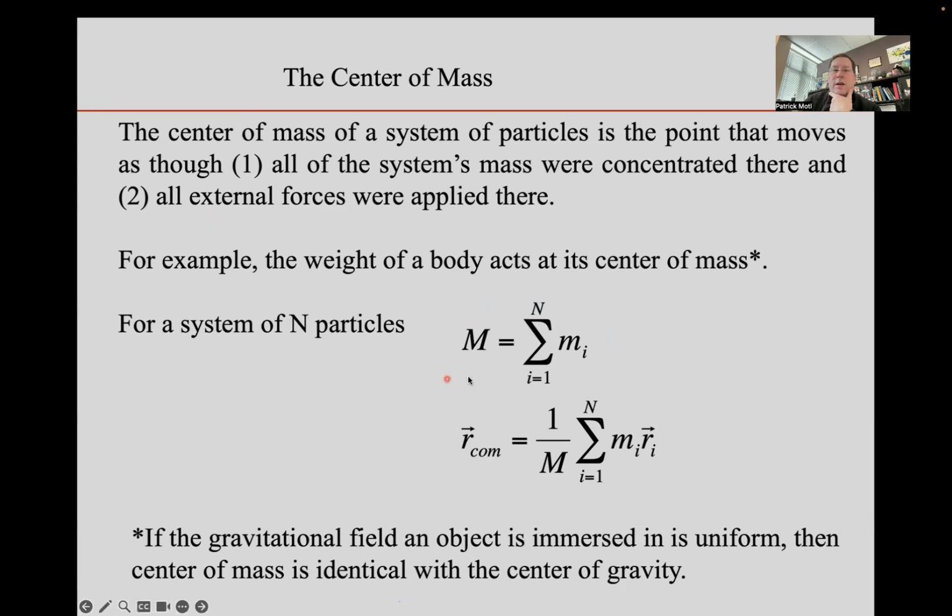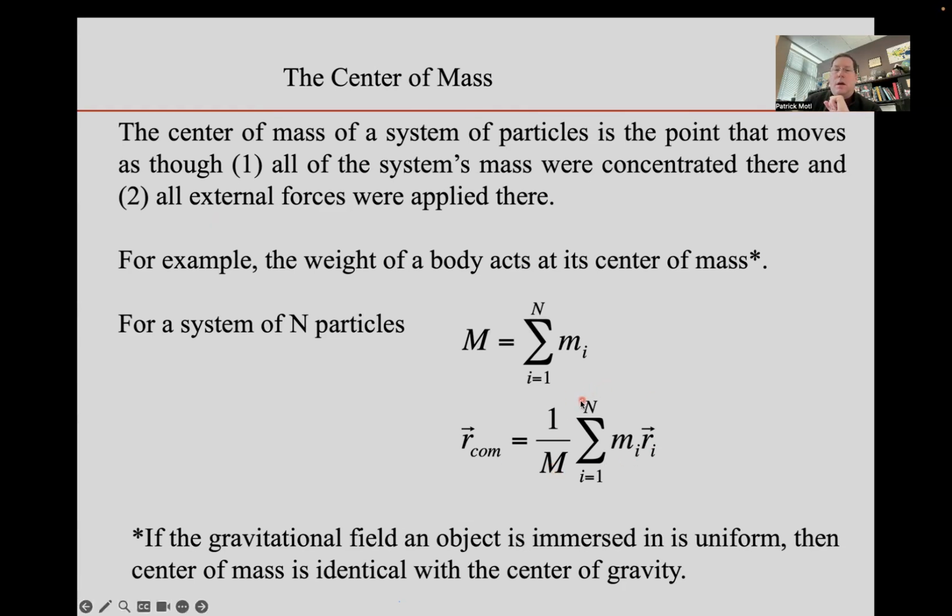So one is a scalar. I get the total mass of the system by just adding up the mass of all the pieces. Fairly straightforward.